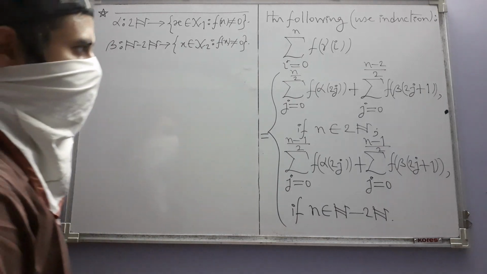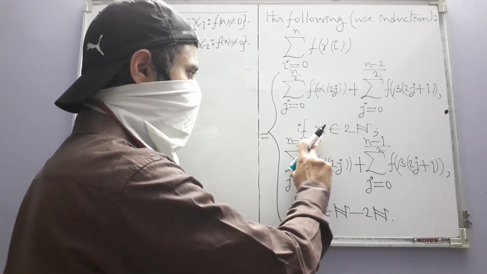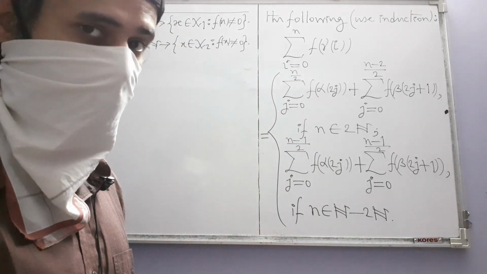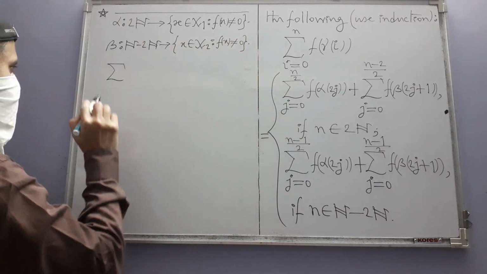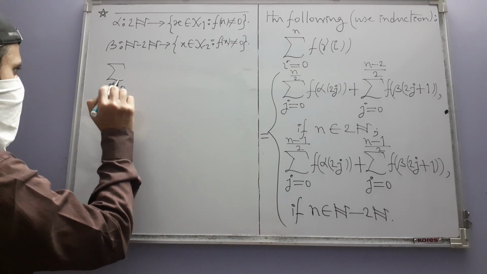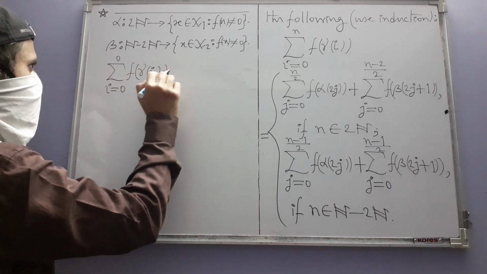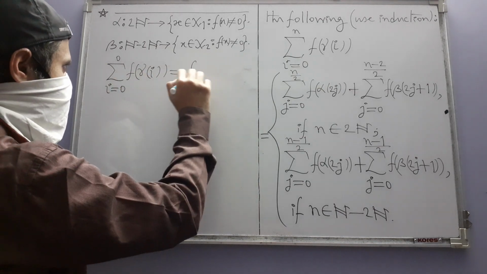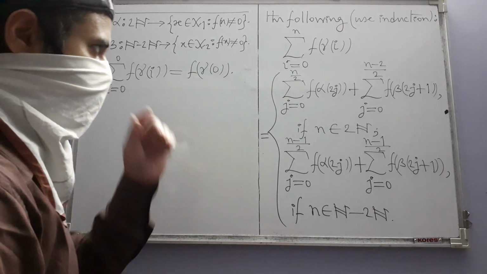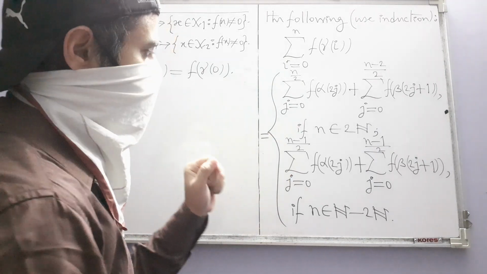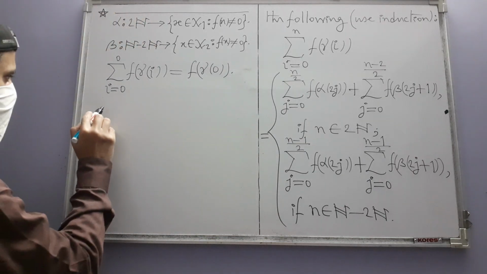Let us first take the smallest possible values of n. When n is even, the smallest possible value is 0. When n is 0, what is this sum? There is just one term in this sum, which is f of gamma of 0. And that should be equal to, if this formula is true, this plus this when n is 0. Let's see.